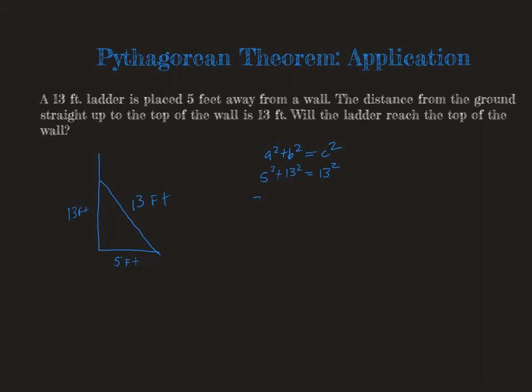Okay, so we have 25 plus 169 equals 169. As you can see, the left side is going to be a lot larger. So that's going to give you 194 equals 169. And that's not equal to each other. So we know that no, it will not reach.